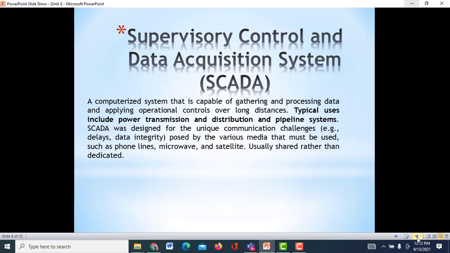Okay, SCADA. This particular computerized system is used in the power industry, the power sector. For example, you will be generating power, transmitting and distributing power. So you will have several substations, several distributing stations, and power generating stations.